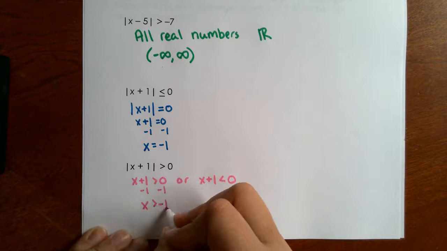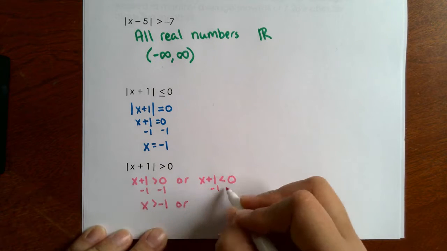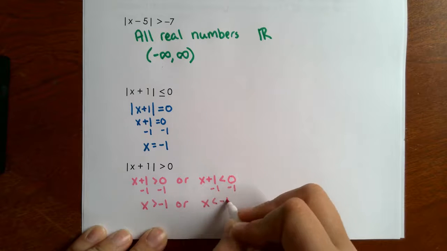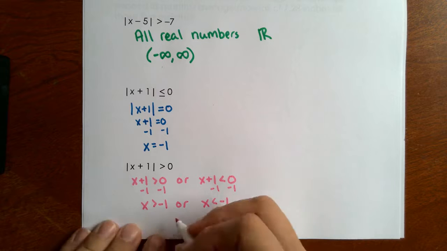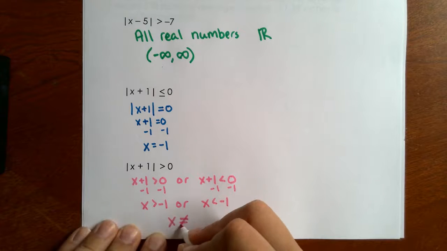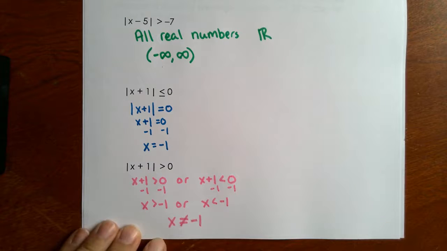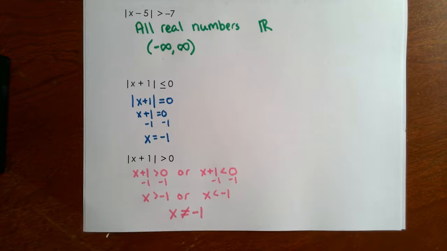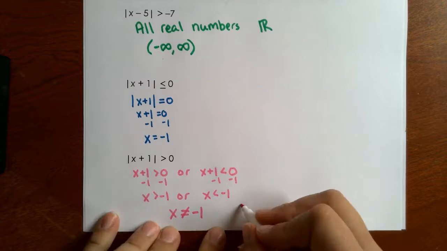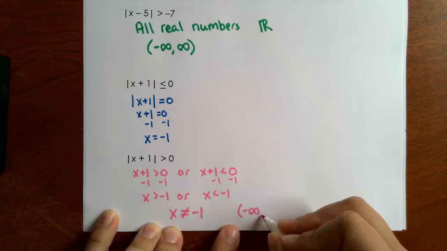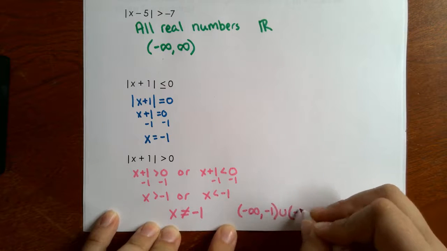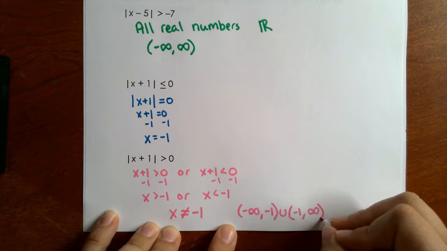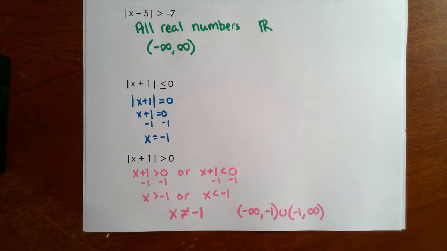I get x is greater than negative 1, or x is less than negative 1. What that means is that any number works except negative 1. So I can just write x does not equal negative 1. In interval notation, I write negative infinity to negative 1, don't include negative 1, or negative 1 to positive infinity. So that's your special case when x can be anything except a certain number.